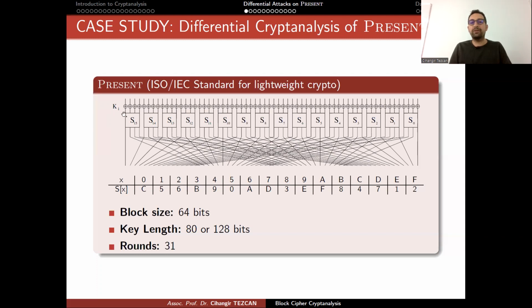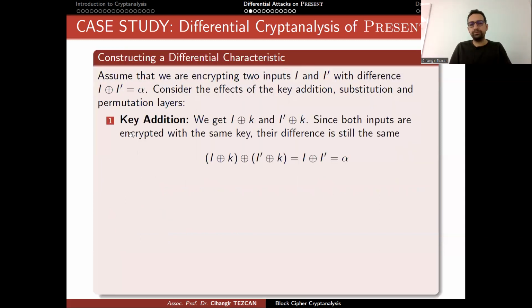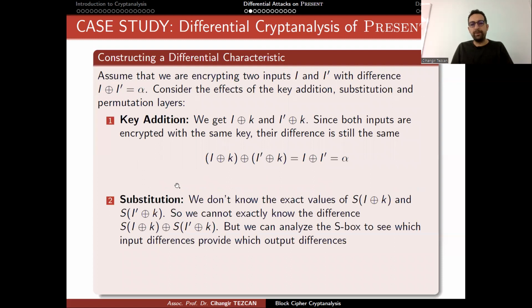So I don't know what the input of S will be, and if I don't know the input, I cannot know the output, right? This is our main problem. We don't know the exact values of Si XOR K and Si prime XOR K. Since we don't know these inputs, we don't know the outputs, so we cannot exactly know the difference after the S-box operation.